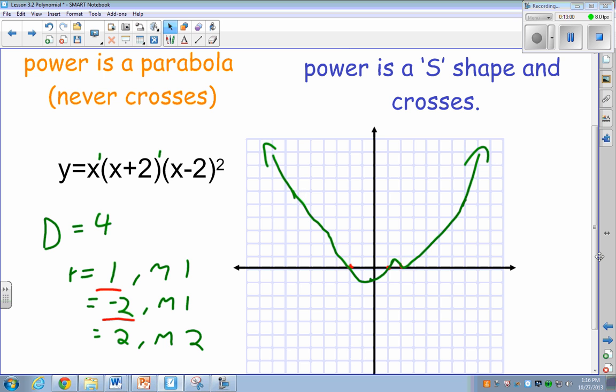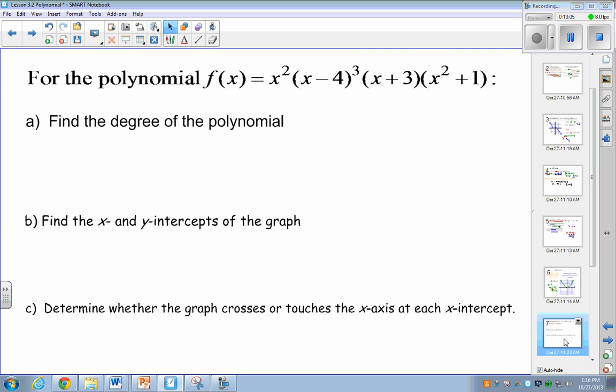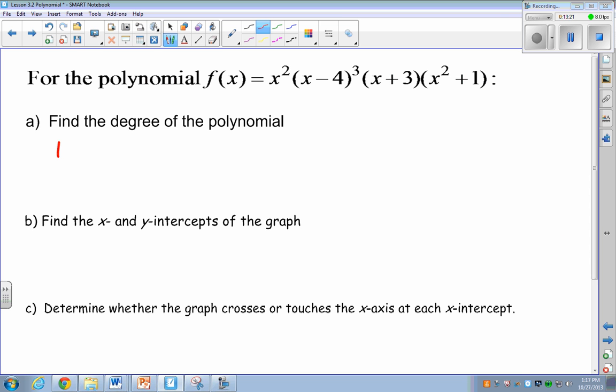Not exact, obviously, but now let's look at a trickier example and try to graph it more accurately with a couple of steps. When graphing a polynomial, I want you guys to follow these steps, and it'll make it as accurate as possible. The first thing we do is find the degree. Our degree is adding up all of our exponents. This would be 2 plus 3, 1, and 1.